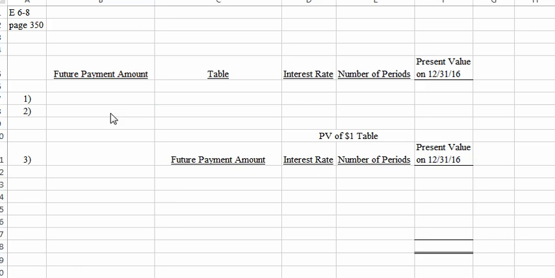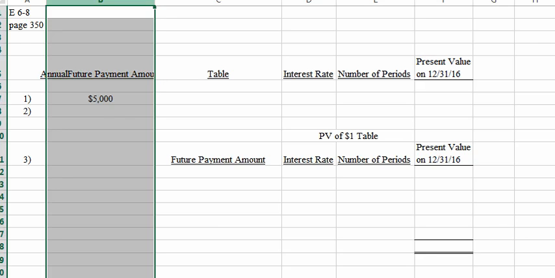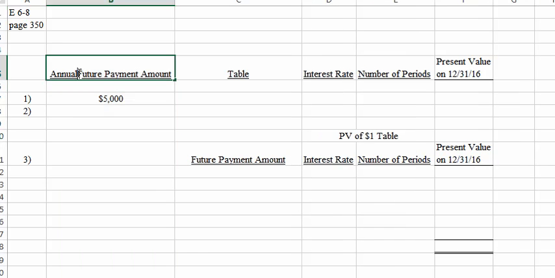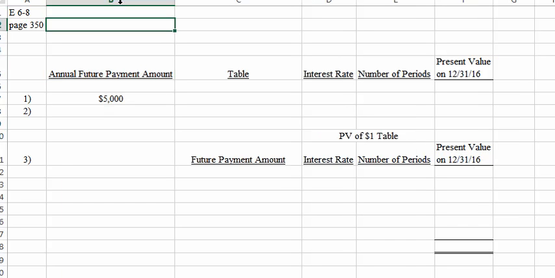In this situation, the future payment amount is what, $5,000 annually. I should probably put annual future payment amount. And you should probably space between those as well. There we go.